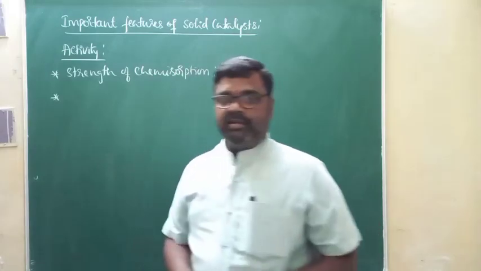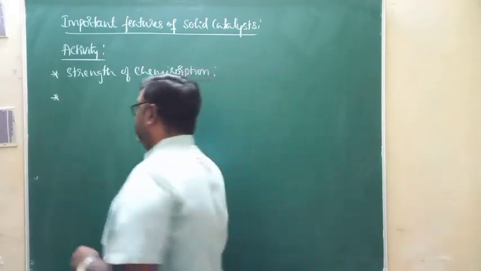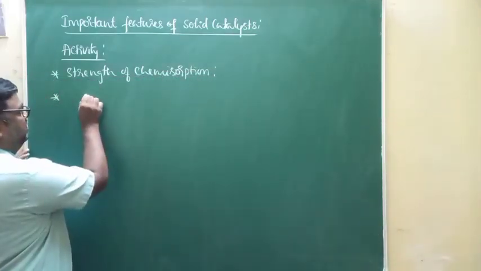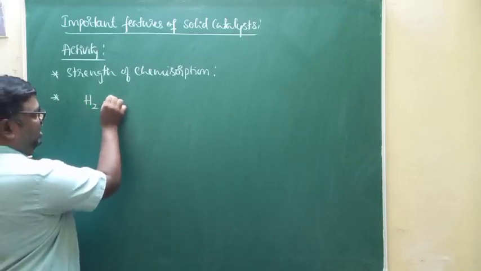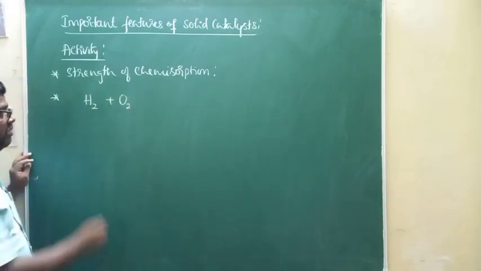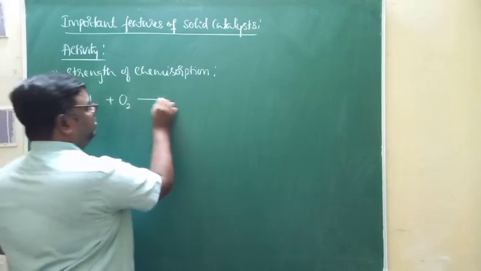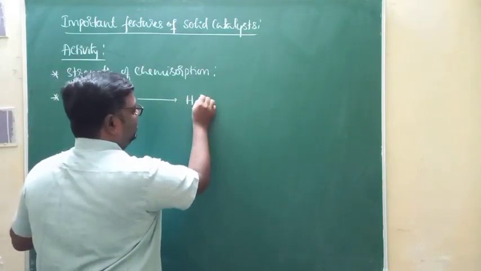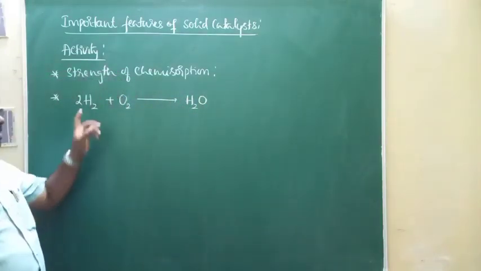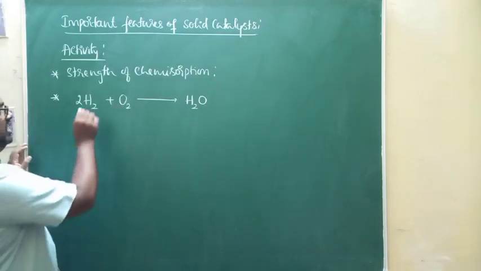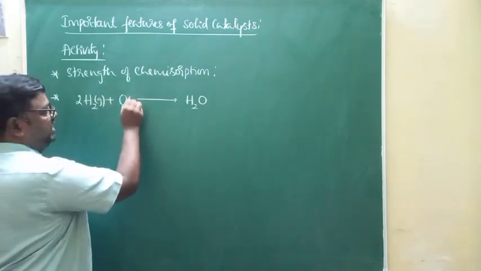Okay, now in order to justify the activity of catalyst, I go for one example, that is the reaction between hydrogen and oxygen. When hydrogen gas is mixed with oxygen gas, no chemical reaction takes place.